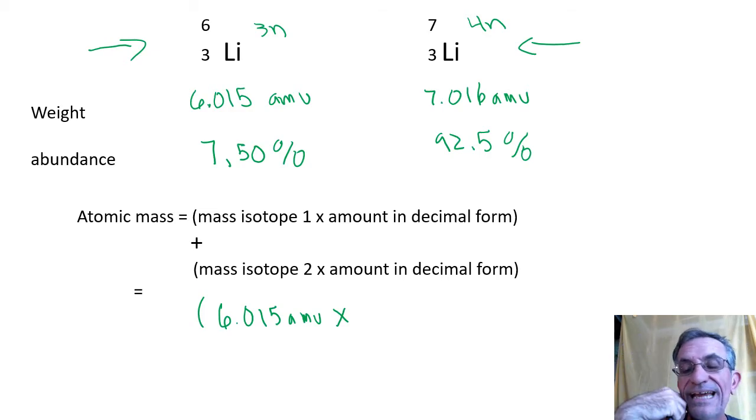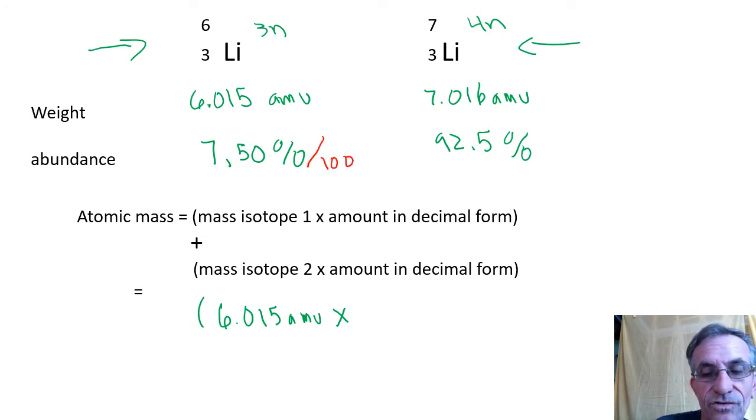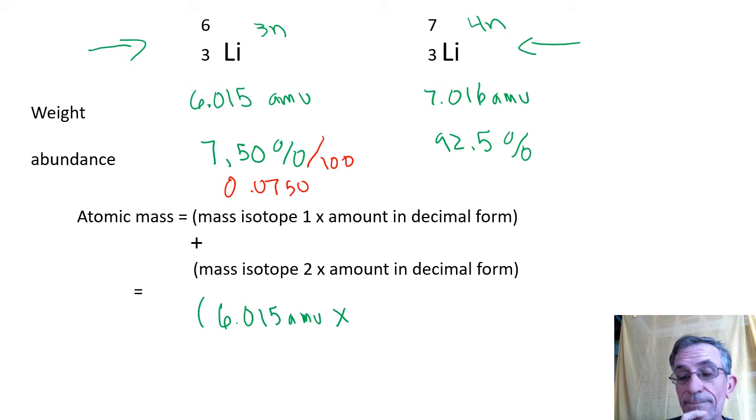So how do you make 7.5% a decimal number? Well, you divide by 100. Another way of saying this, you could say you move the decimal over 2 places. So if I take 7.5% and I make it a decimal number, divide by 100, this is what you're going to get, 0.0750.